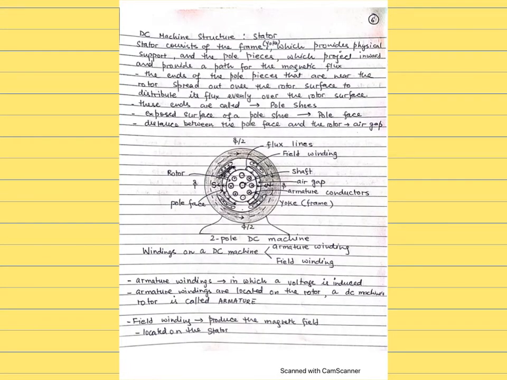So more details you can see. We have a bit of explanation added to the stator. The stator consists of a frame or a yoke. So that's the frame, or its name is also called the yoke.